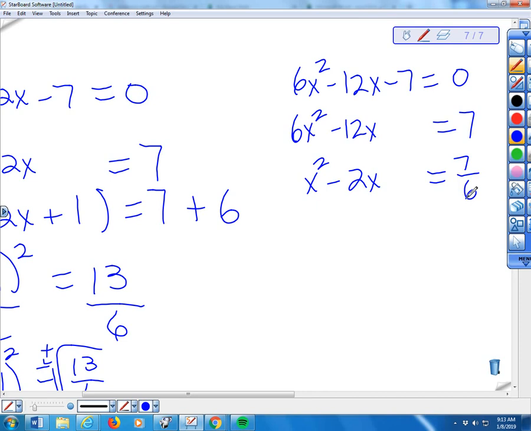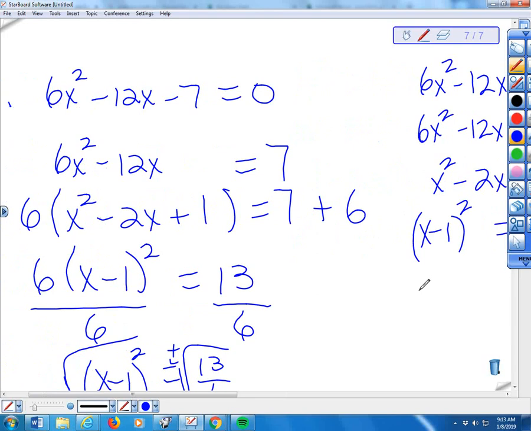Still with me? Now I'm going to look on the left. Again, it's plus 1, so I have to add plus 1 here. Then I can factor this, and this is 7/6 plus 6/6. And I'm back down to x minus 1 squared equals 13/6.